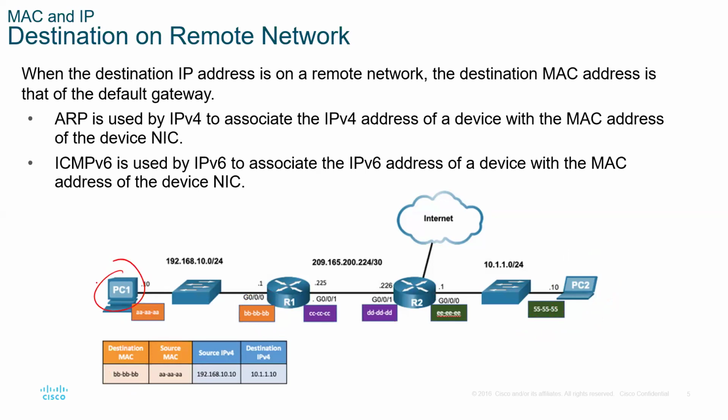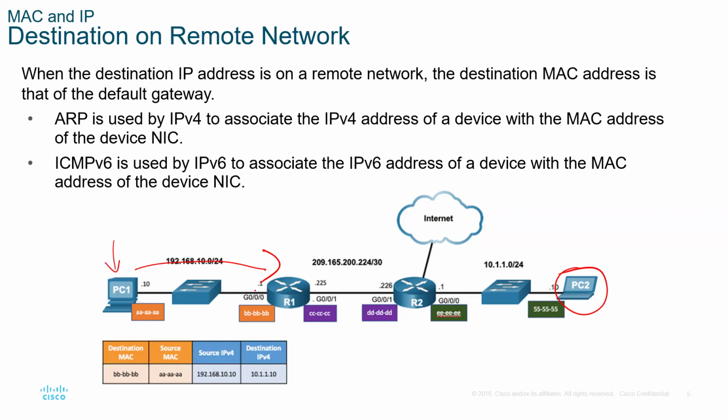If this PC1 wants to communicate with PC number 2, we'll need to communicate with the default gateway because we are communicating with a remote destination. So this PC sends a frame to the default gateway.